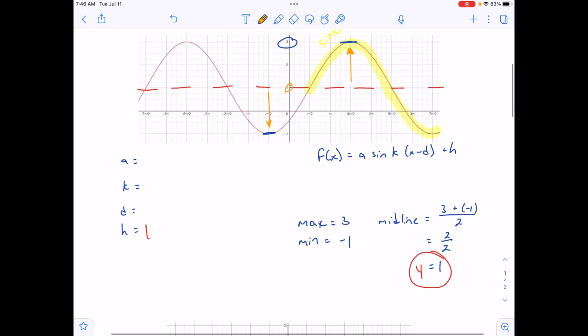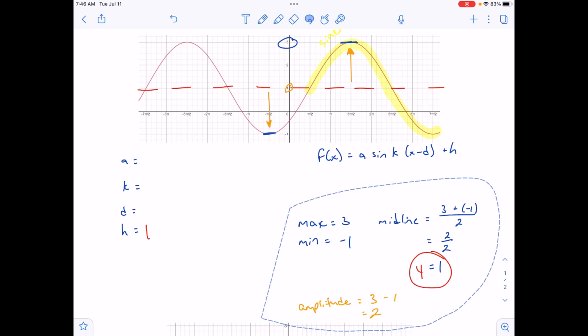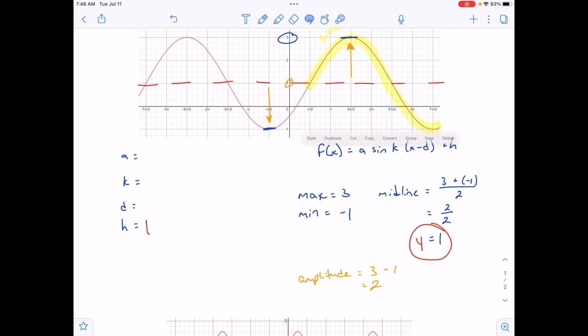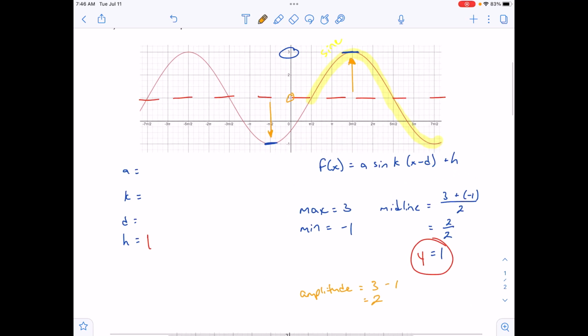My amplitude is 2. I'm going to show my math there. I'm going to say my max was 3, my midline is 1, my amplitude is 2. Just going to move this stuff up. So my A value is 2.